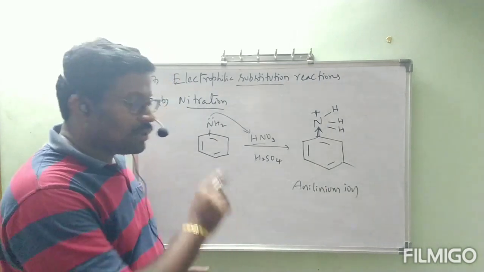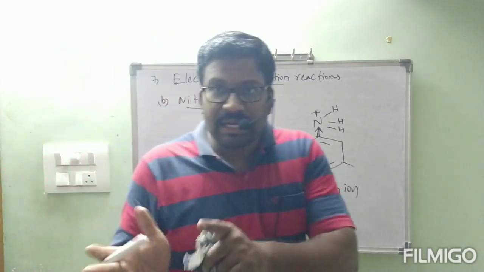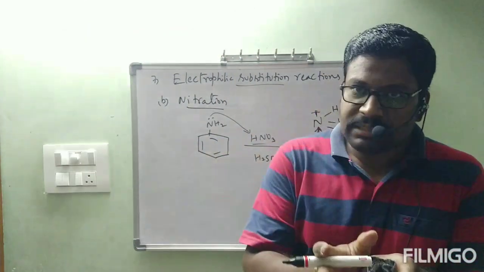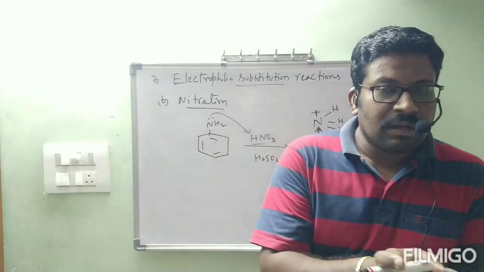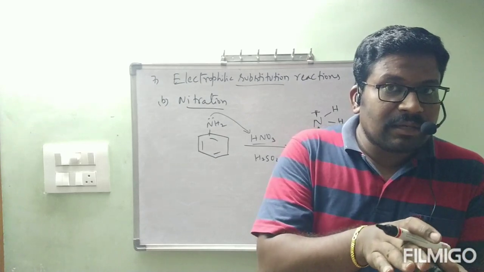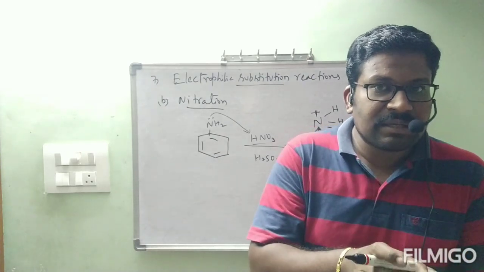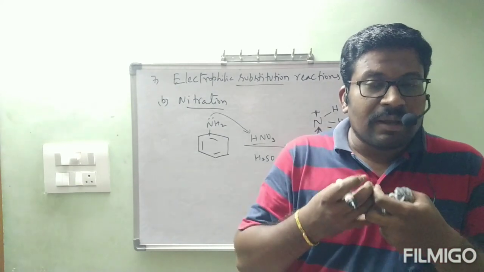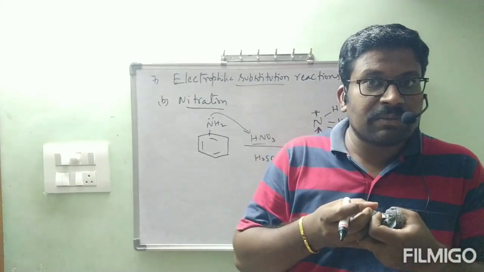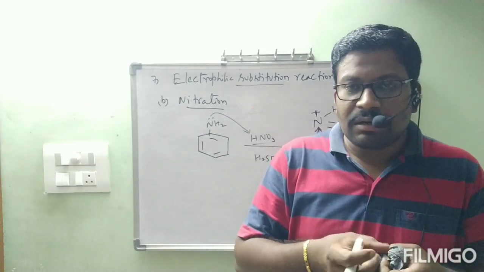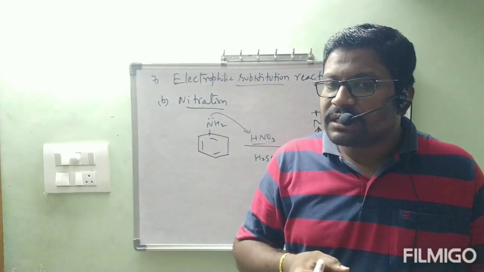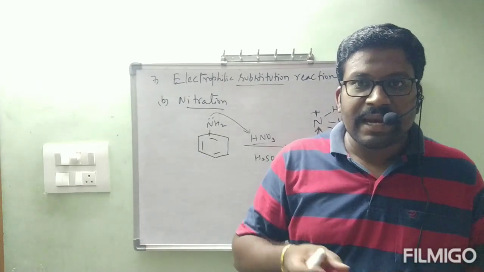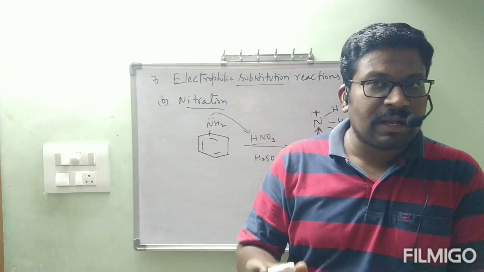So some amount of aniline reacts with H plus to form anilinium ion. That anilinium ion, NH3 plus present on the benzene ring, acts like an electron withdrawing group. Because of that, a considerable amount is present. It is a meta directing group, so NO2 plus comes into the meta position, and we get a considerable amount of meta product.